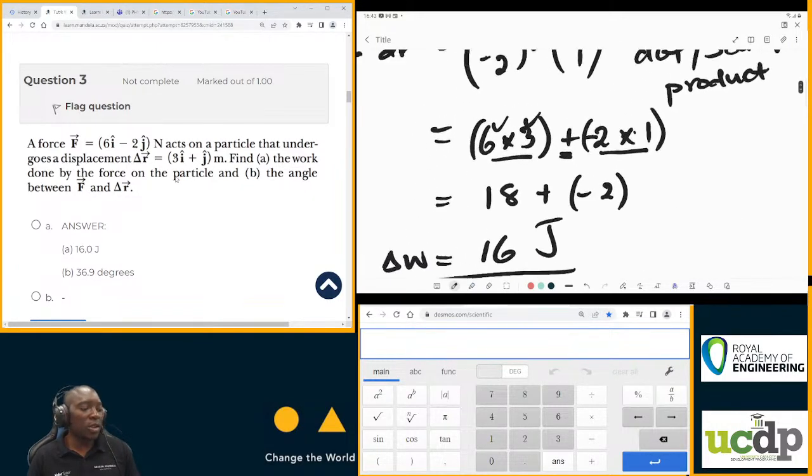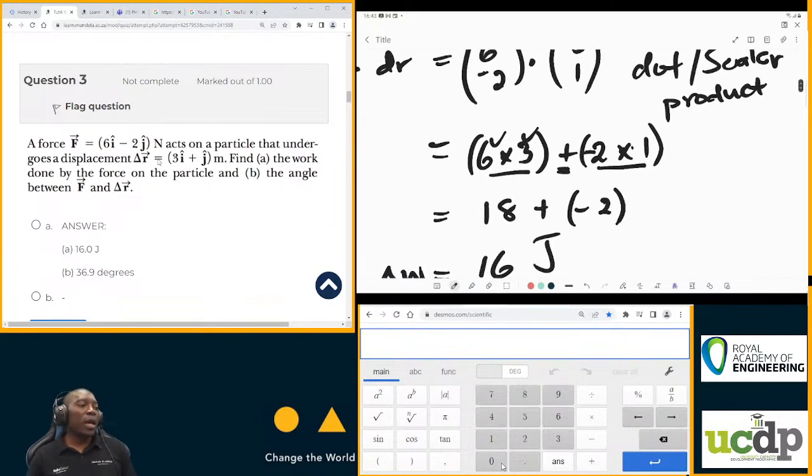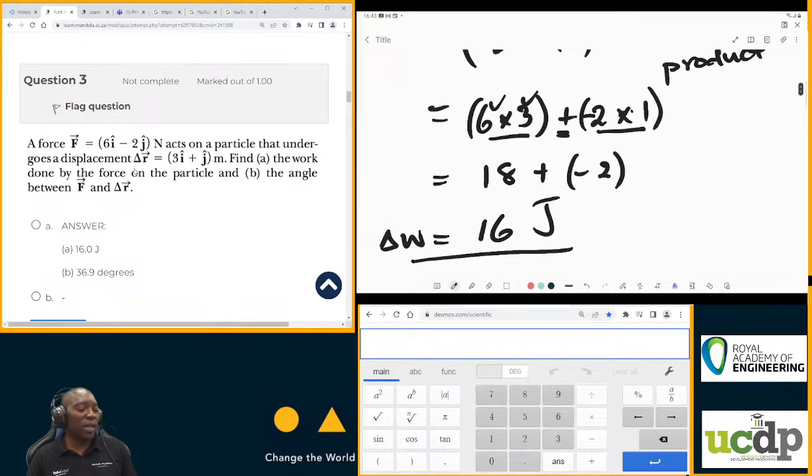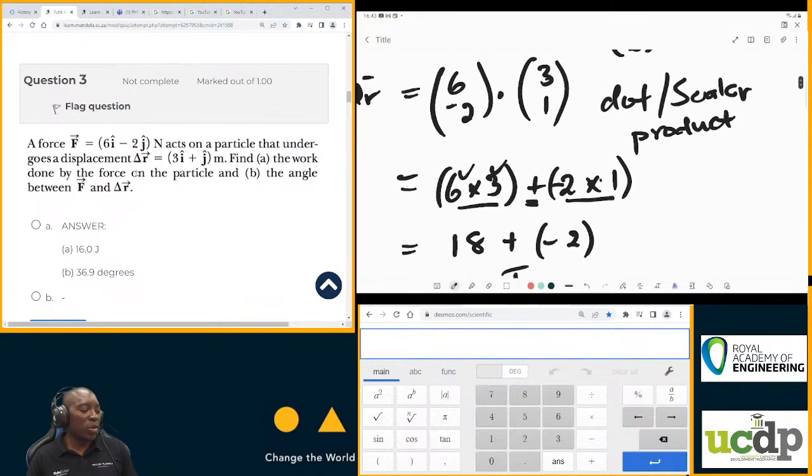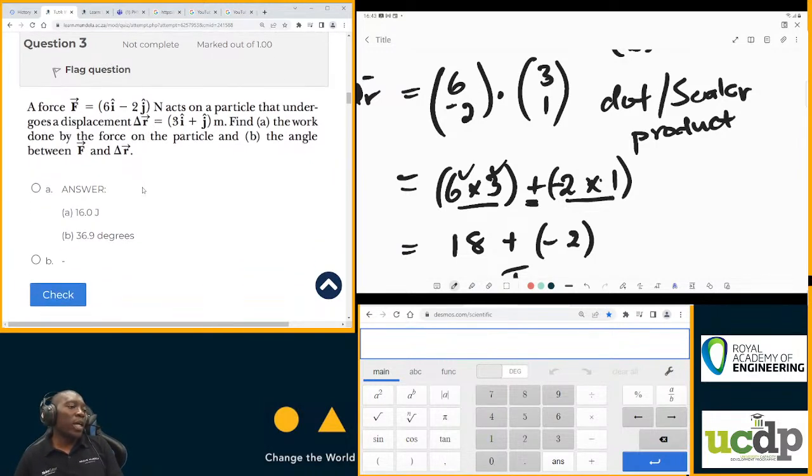In this case, 16 joules. So this is a dot product or a scalar product because we multiply two vectors and get a scalar. We add those magnitudes because their products just give us a magnitude.